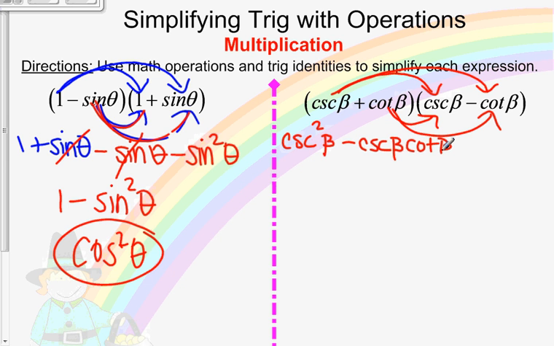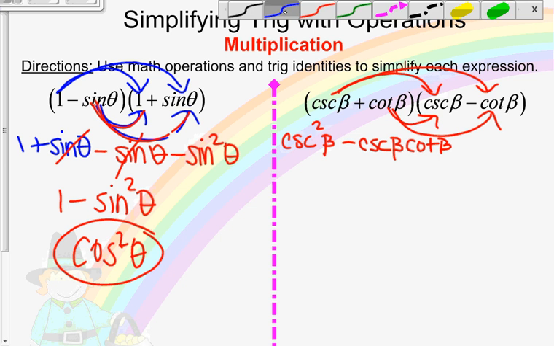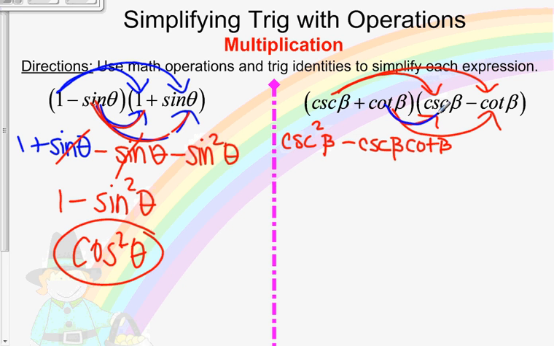I'm going to do my second line below that because I can't fit it all. I'm going to change my color again. So here I've got a plus cotangent times cosecant, so I'm just going to rewrite it the same way I had it before. Cotangent times cosecant beta. And then we have negative cotangent times a positive cotangent, so we get a negative cotangent squared beta.